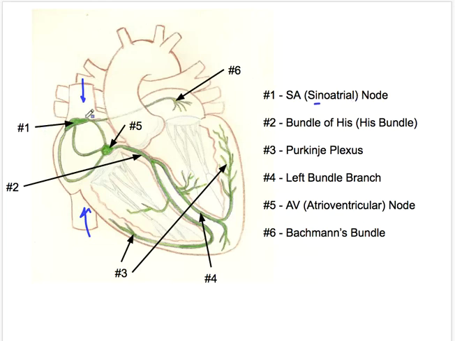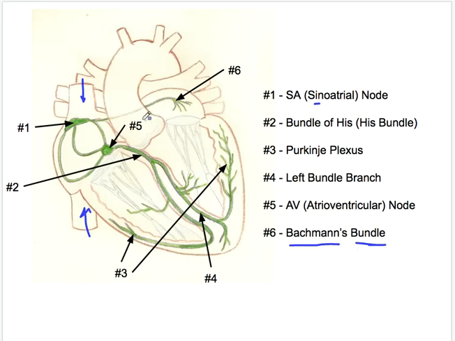Next, once it sends an electrical stimulus, it will travel through some other specialized pathways, and one place it makes it over to is the left atria. And this little bundle here is called Bachmann's bundle. And Bachmann was the scientist who discovered this.